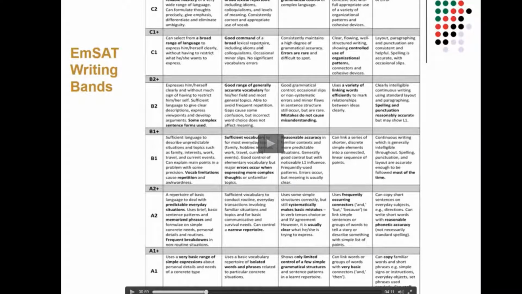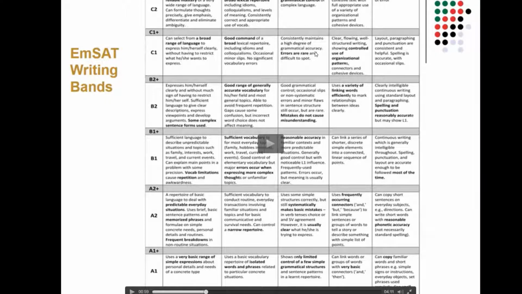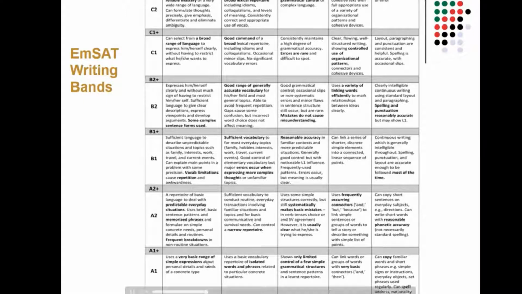You have command of a broad lexical repertoire, including idioms and colloquialisms, with occasional minor slips but no significant vocabulary errors. You consistently maintain a high degree of grammatical accuracy, error-free. So you need to score all of these so that you reach the C1 level. Well, what else do we have to do?